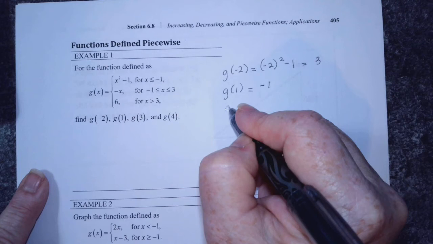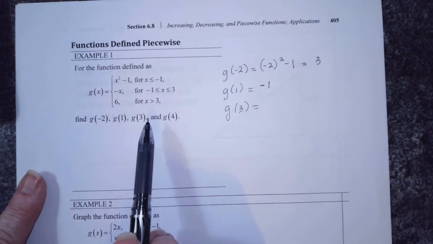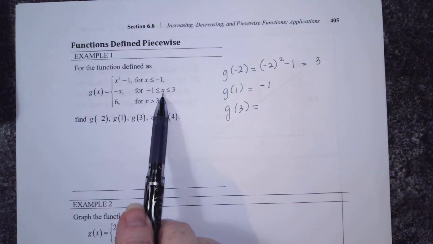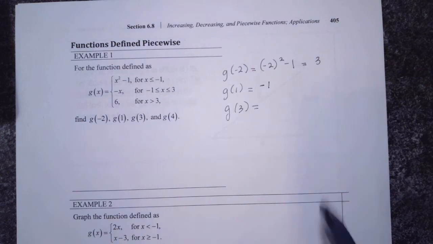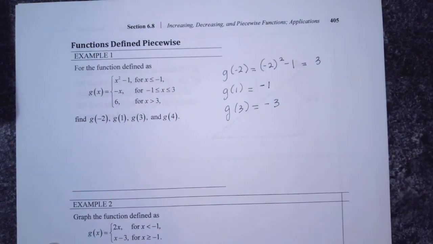And then g of 3, is it in the second or the third? It's also in the second, because remember that says for x less than or equal to 3. We actually have 3, so we would use the second formula.